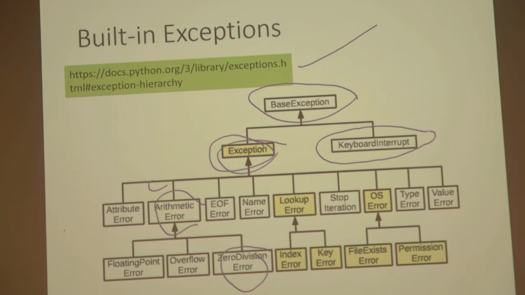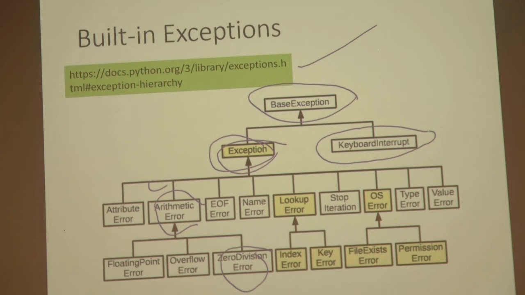So if you use any of these exceptions, it will catch what? Division by zero, why? Because it's a subclass. So if my goal is to catch division by zero, I could use the zero division exception, or the parent, arithmetic error, or I could use exception.